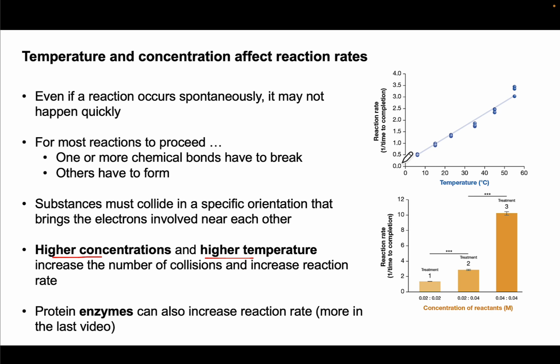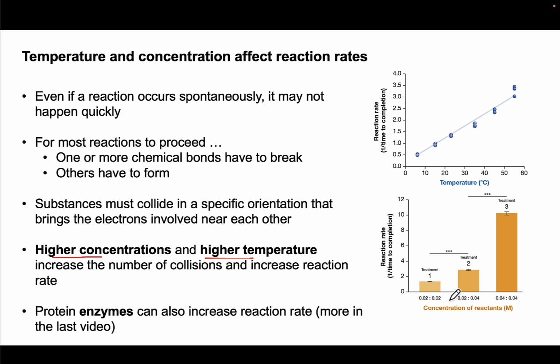And that's just shown here. Here's reaction rate on the y-axis and temperature on the x-axis. You can see as you increase temperature, the reaction rate becomes faster. And then here is the relationship between concentration and reaction rate.